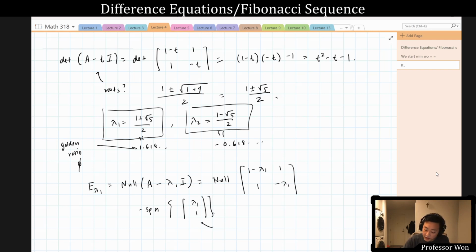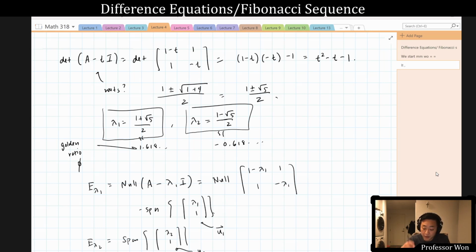Let's call this vector u_1. It's just the golden ratio, comma 1. And you can check that the second eigenspace is the span of the vector (lambda 2, 1). Let's call this vector u_2. I've used the shorthand lambda 1 and lambda 2 because I don't want to keep writing (1 plus root 5) over 2, but it's just a number. So in principle, if you want to compute with this, it's just a number.